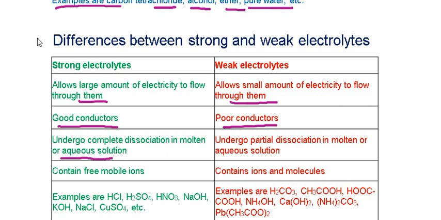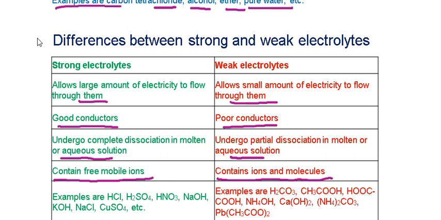Strong electrolytes undergo complete dissociation in molten or aqueous solution, and weak electrolytes undergo partial dissociation. Strong electrolytes contain free mobile ions, and weak electrolytes contain ions and molecules.